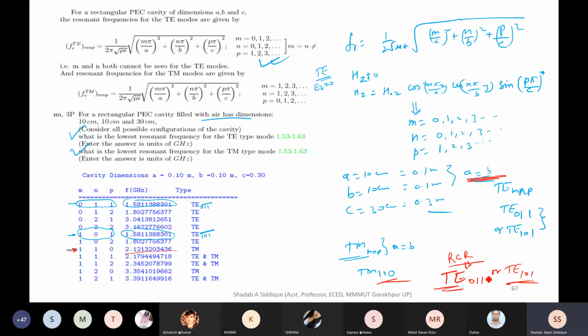But if you talk about A greater than B, then TE101 will be the dominant mode.